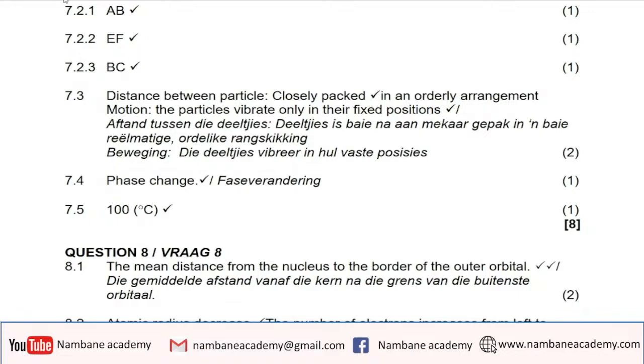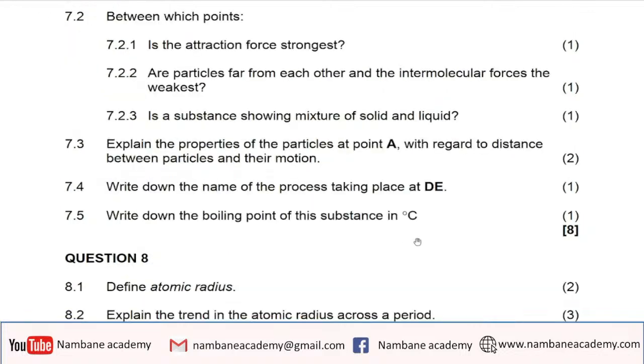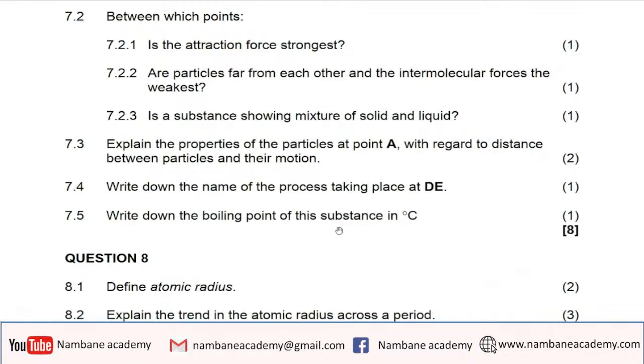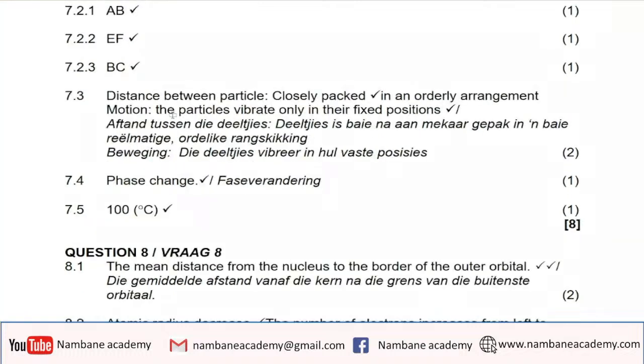And then next question, write down the name of the process taking place at DE. At DE, we are having a phase change. And then next question, write down the boiling point of this substance in degrees Celsius. It is 100 degrees Celsius, in brackets. So that's 8 marks.